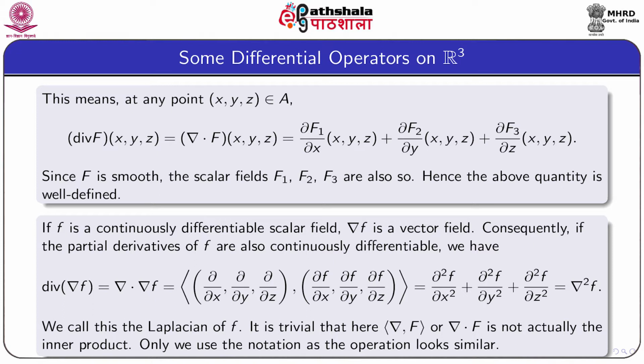So, this equals ∂²f/∂x² plus ∂²f/∂y² plus ∂²f/∂z². We denote this nabla square f. We call this the Laplacian of f. It is trivial that here the symbol nabla dot f or inner product nabla f is not actually the inner product, we only use the notation as the operation looks similar.